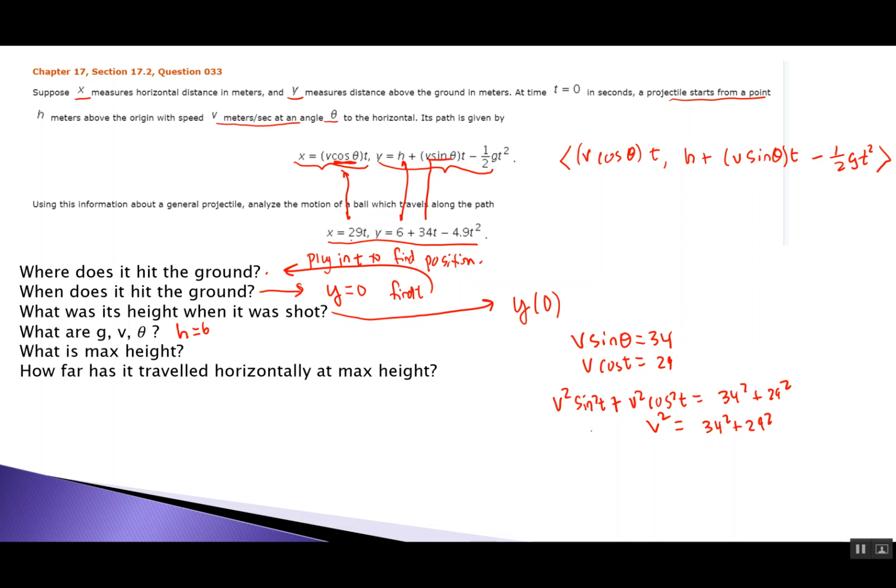And if I divide these two, V sine theta over V cosine theta, that'll be 34 over 29, but the V's cancel, and that gives me tan theta. So I can take the arctangent of 34 over 29 to find out my V and my theta from there.